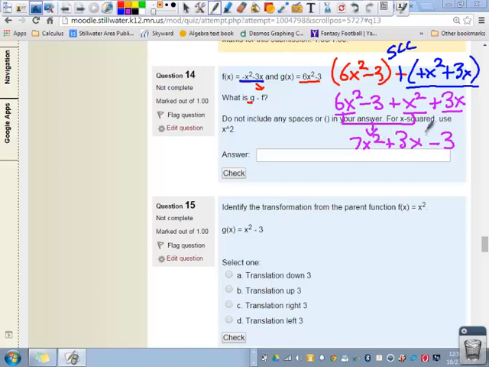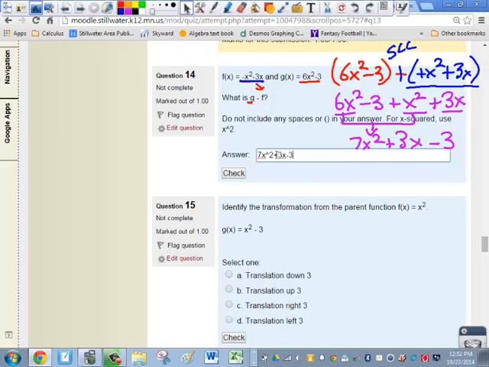So this is the highest power, this is the next highest power, and constants always go at the end. So our final solution is 7x squared plus 3x minus 3. Check it.